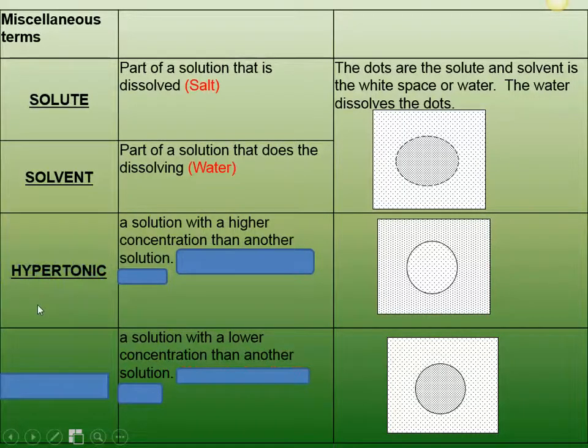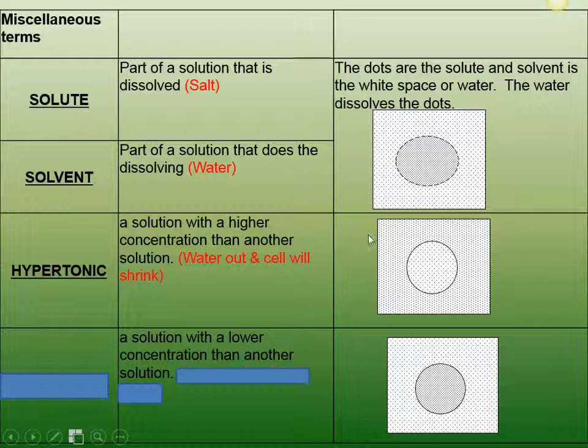A hypertonic solution is a solution that has a higher concentration than another solution. So this is going to be water out, and the cell will shrink, when the solution is more concentrated than the cell. Let's imagine that this is one cell placed in a hypertonic solution.